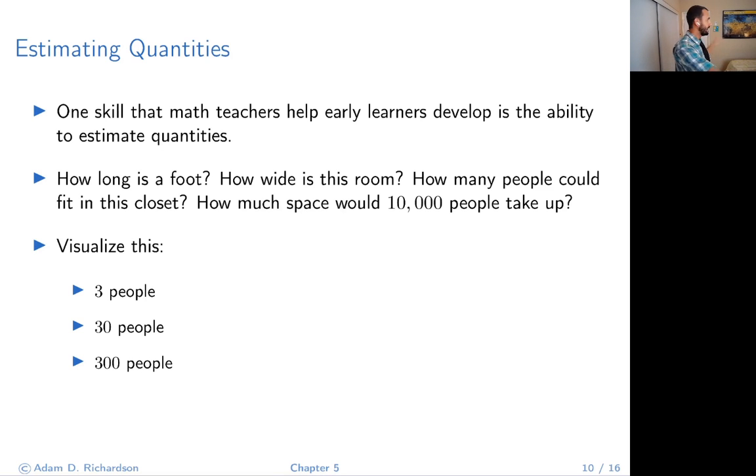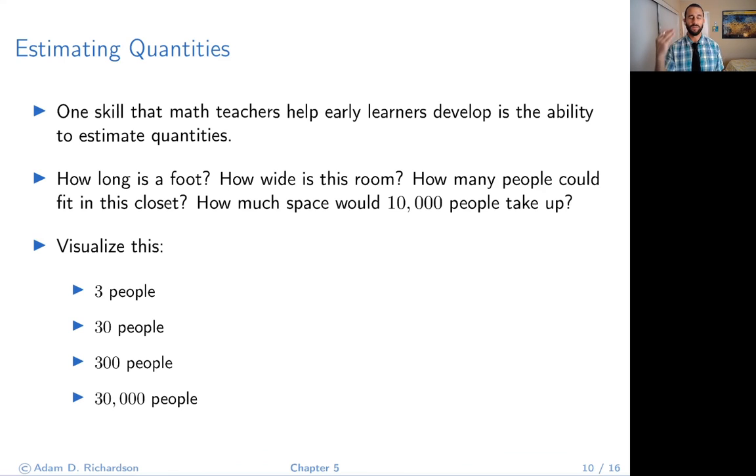It'd be 10 times more of what you're looking at right now. That's 300 people. Then you can extrapolate. Multiply that result by 100, and that's 30,000 people. And that gives you an estimate for how much space 30,000 people can take up, or 3,000, or 300,000, and so on.